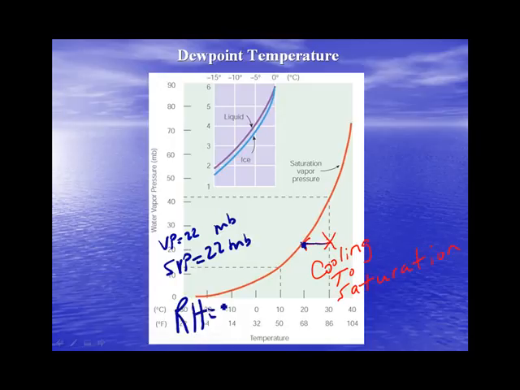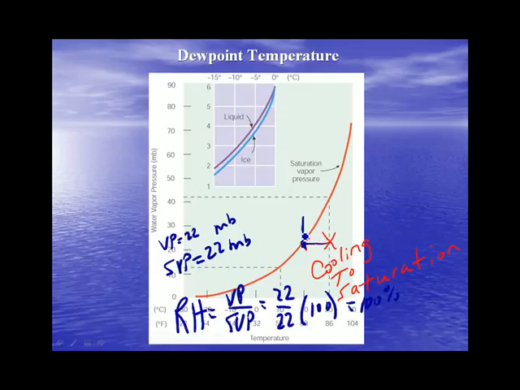We use our formula, which is vapor pressure divided by saturation vapor pressure. 22 divided by 22 is 1 times 100, gives us a relative humidity of 100%. In other words, this air parcel sitting at 20 degrees, if it has a vapor pressure of 22, that's the maximum it can hold since it's sitting on the saturation vapor pressure curve.